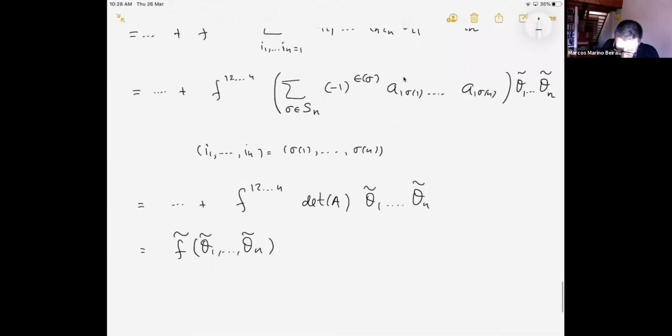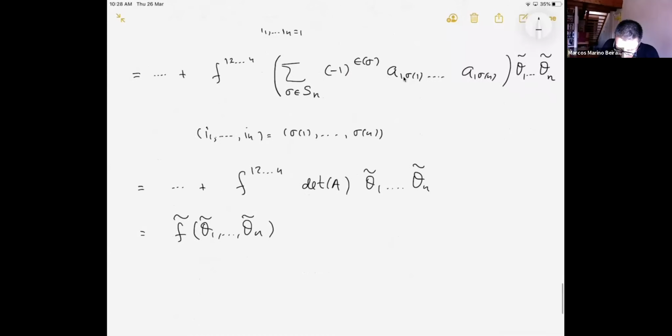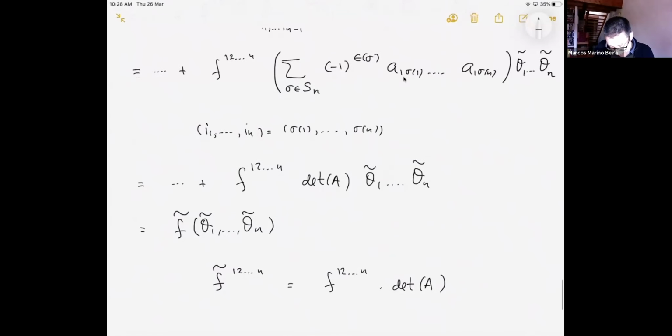The top component of f twiddle, the coefficient of the largest monomial in thetas in f twiddle, is just f_{1...n} times the determinant of A. This is what I obtain by changing variables in the function f.